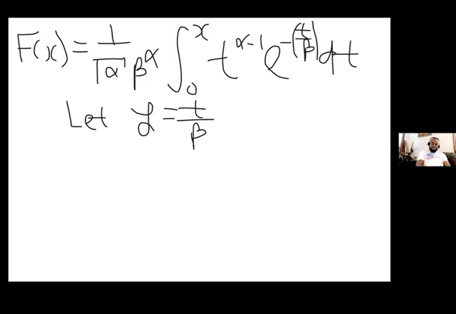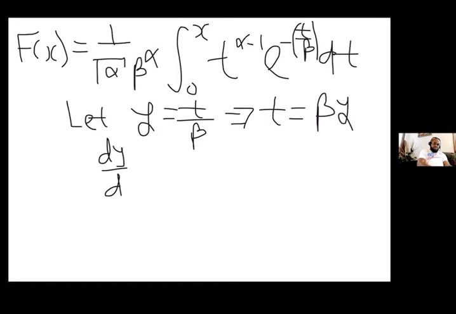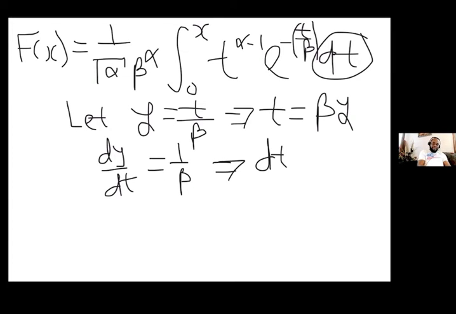Don't forget this implies that t equals beta y. Now what is dy over dt? That is 1 over beta, and that also implies that my dt is beta dy.